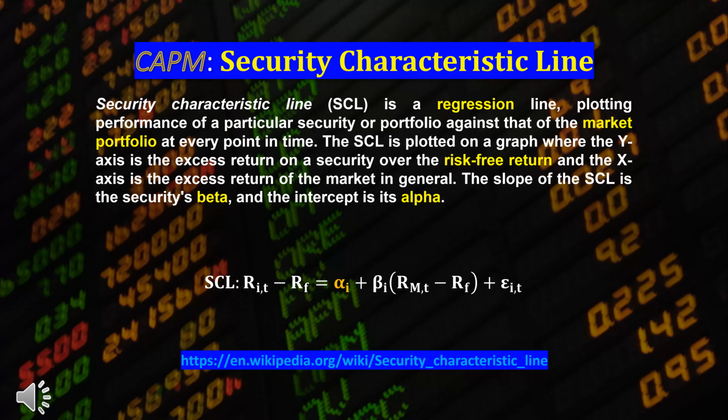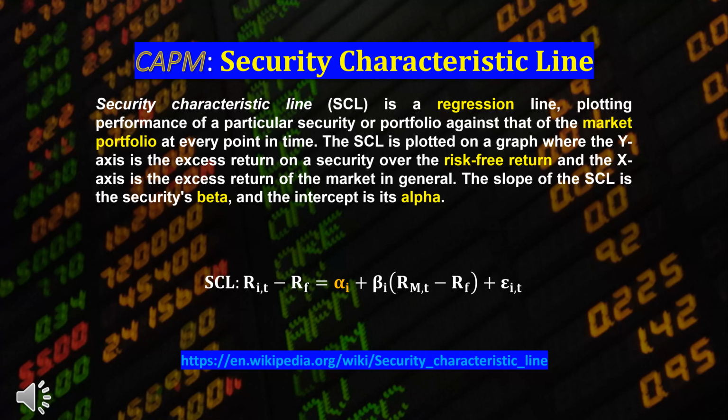The security characteristic line is a regression line, plotting performance of a particular security or portfolio against that of the market portfolio at every point in time. The SCL is plotted on a graph where the y-axis is the excess return on a security over the risk-free return, and the x-axis is the excess return on the market in general.